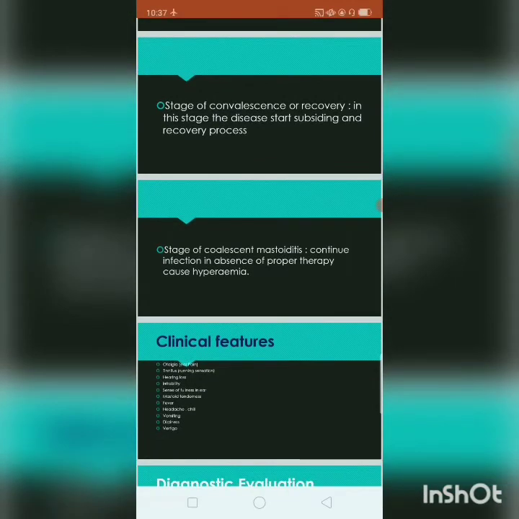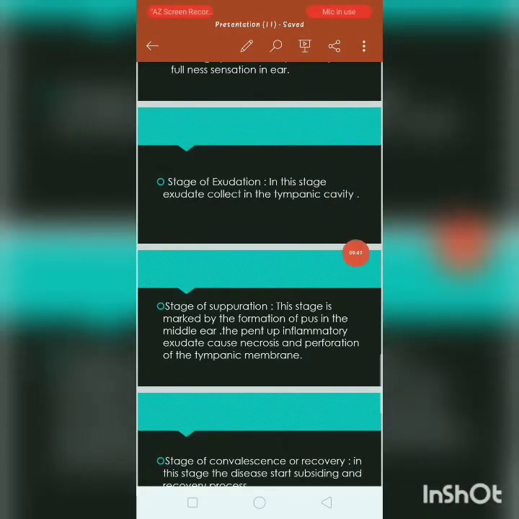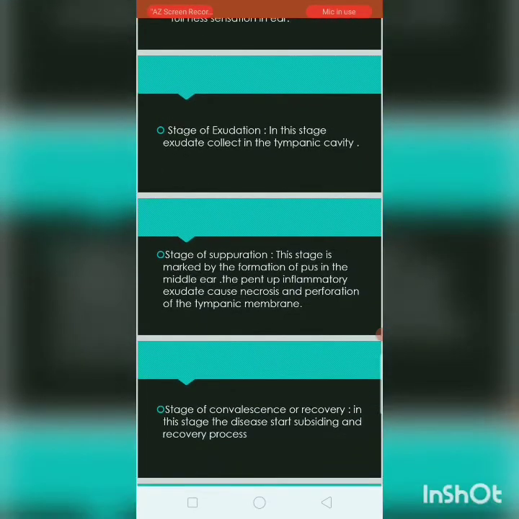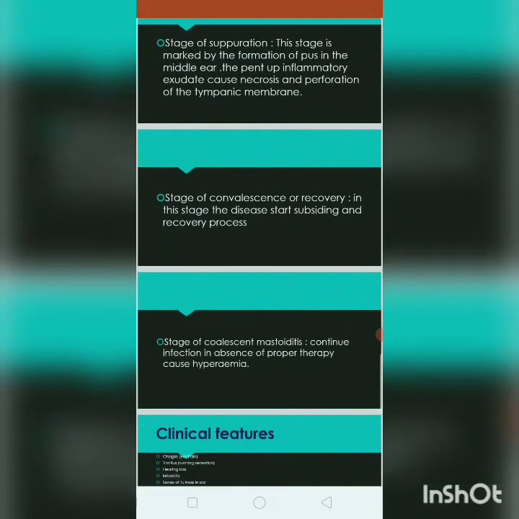In this stage, continued infection in the absence of proper therapy causes hyperemia. So these are the stages of acute otitis media: the stage of tympanic congestion, stage of exudation, stage of suppuration, stage of convalescence or recovery, and stage of coalescence, mastoiditis.